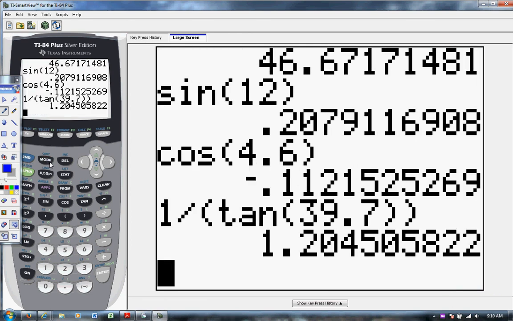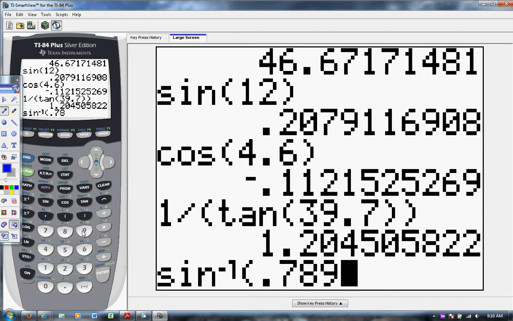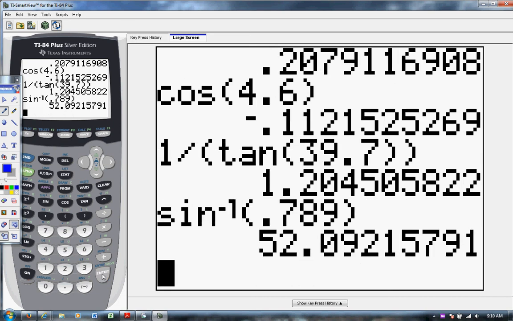So, I will do second sine of 0.789 and hit enter. So that angle is 52.1 degrees. What if I wanted to get the angle in radian mode, or in radians?